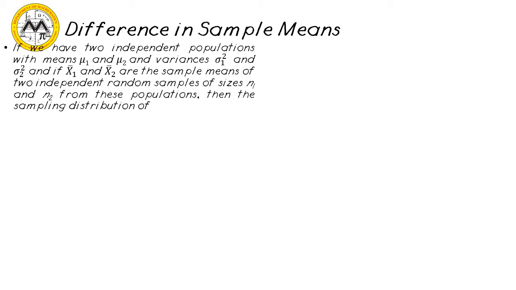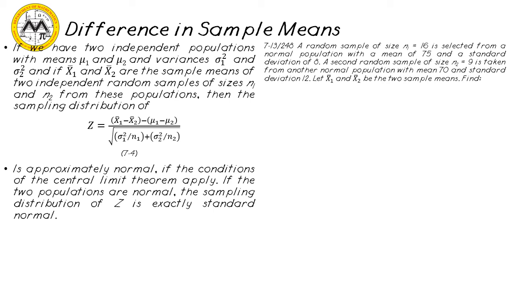For the difference in sample means, if we will be considering mu2 minus mu1, if we have two independent populations with means mu1 and mu2, and variances sigma sub 1 squared and sigma sub 2 squared, and if x1 bar and x2 bar are sample means of two independent samples of size n1 and n2 from these populations, then the sampling distribution of z is equal to x1 bar minus x2 bar minus mu1 minus mu2 all over the square root of sigma sub 1 squared over n1 plus sigma sub 2 squared over n2.